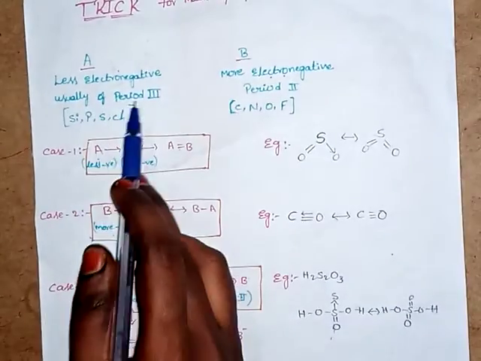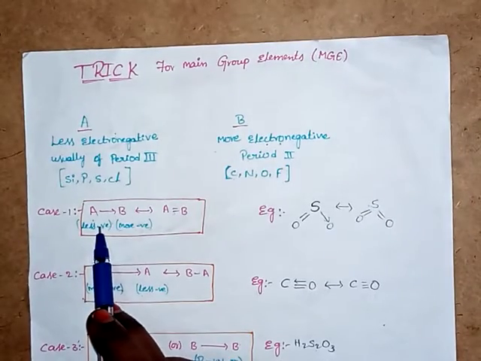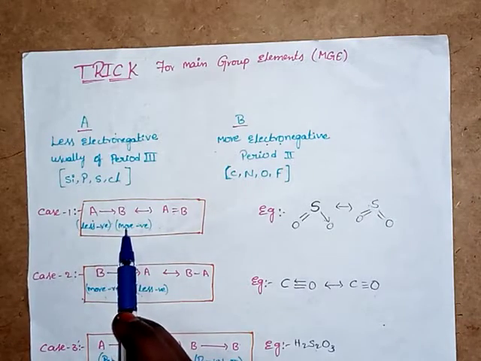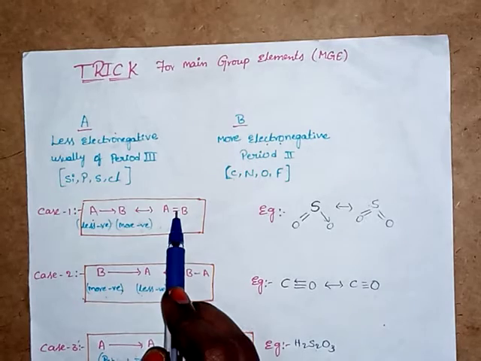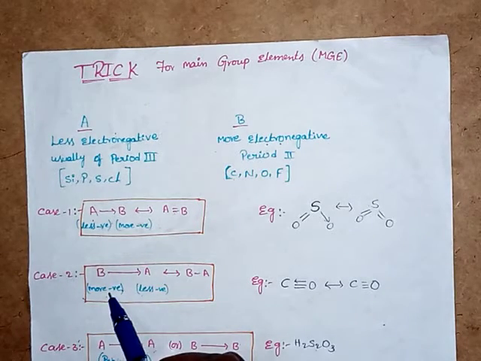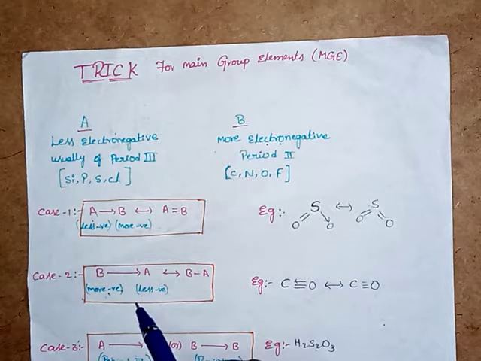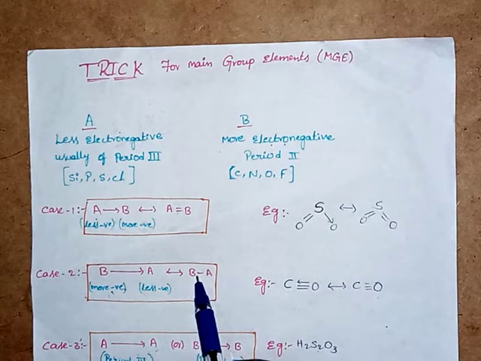Whenever the less electronegative atom donates, only a double bond will form. Whenever the more electronegative atom in our pair donates, it will form a single bond. Please remember this one.